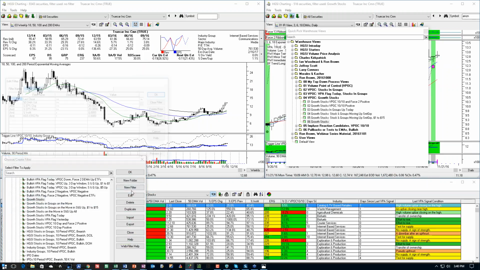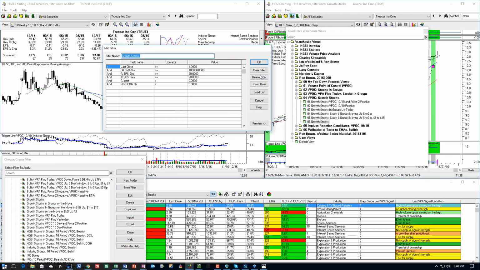Now let's look at the filter. It's really a pretty basic filter, but there are two requirements which make this filter: the EPS change greater than or equal to 20 compared to 1 year ago, and greater than 0 on the institutions, just some institutional sponsorship. I kept that really loose, as you can see, and then a high ERG rank greater than 0 makes sure that they're assigned to a group.